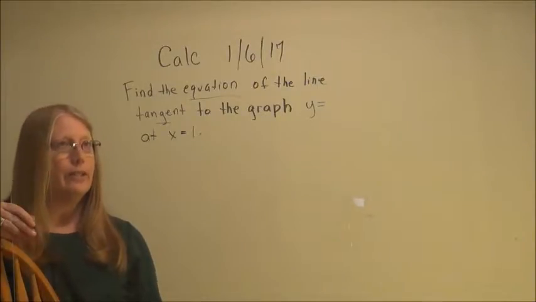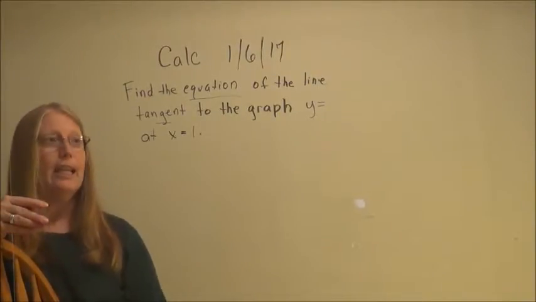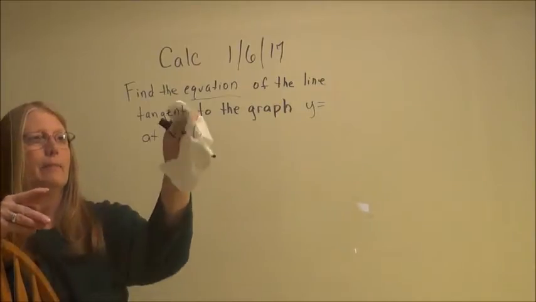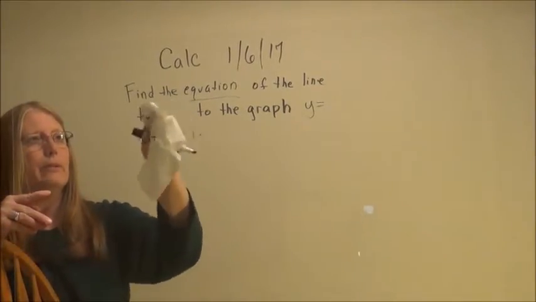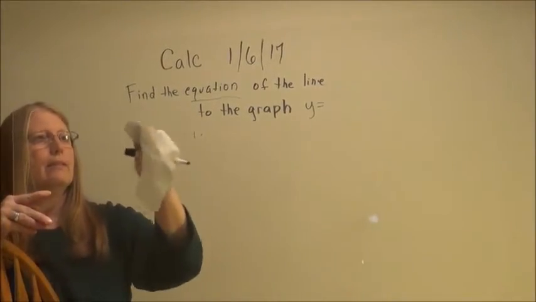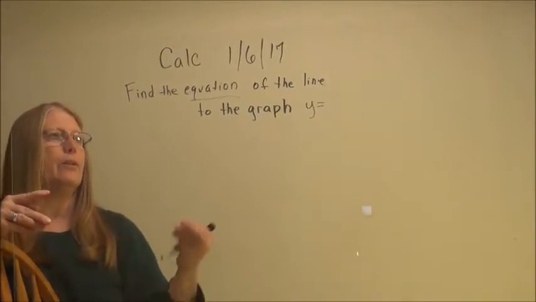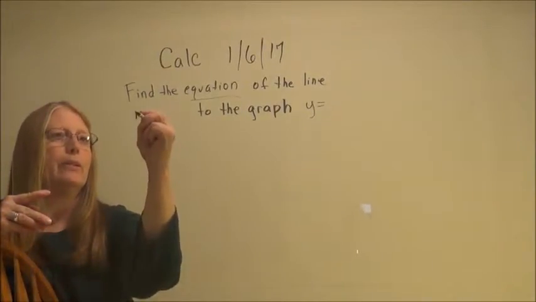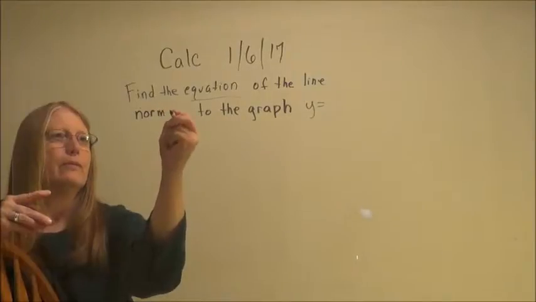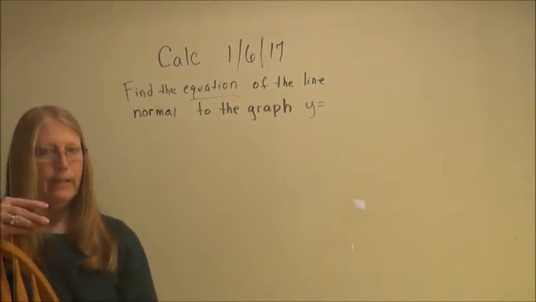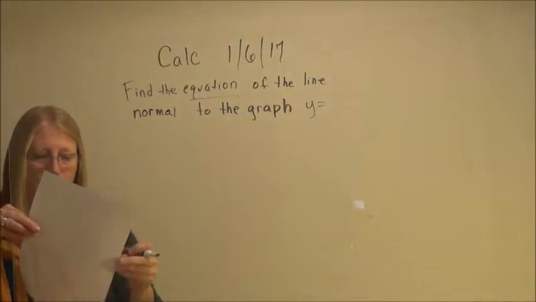So find the equation of the line, no longer tangent to the graph, but the word normal comes out. Find the equation of the line normal to the graph, and this time we'll do a different one.